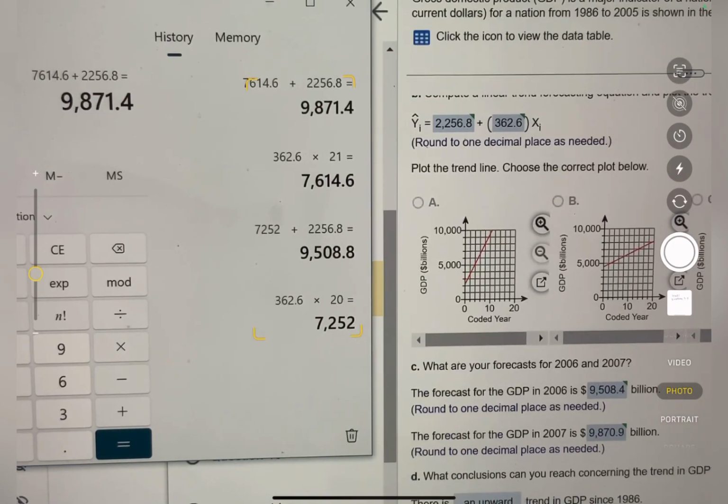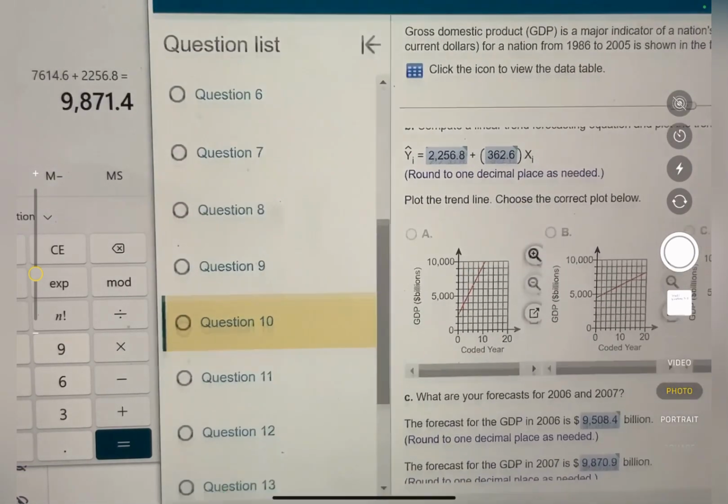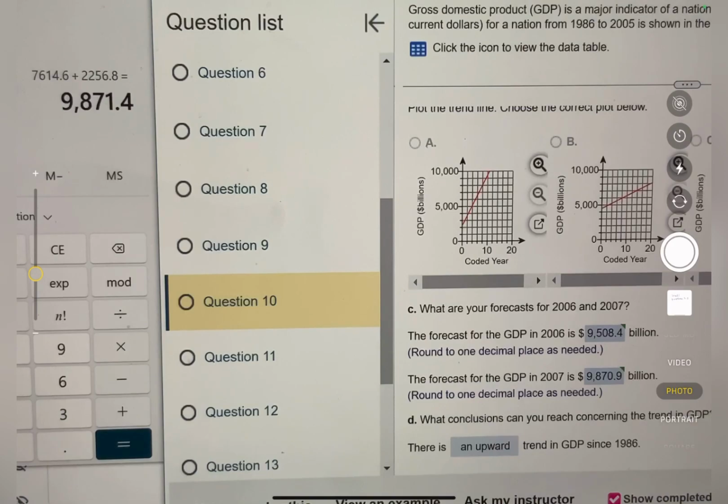Here it is. Okay, so practically for 2006 we got 9,500 and something. For 2007 we have 9,800.